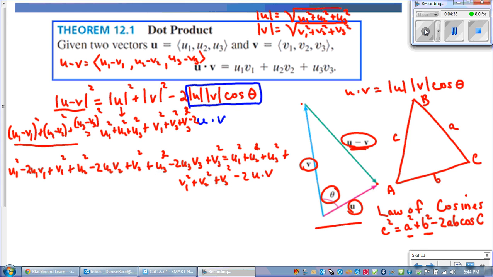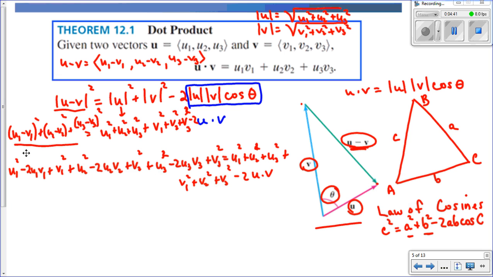And now a lot of stuff's going to cancel. We have u1 squared, u2 squared, u3 squared, v1 squared, v2 squared, v3 squared.